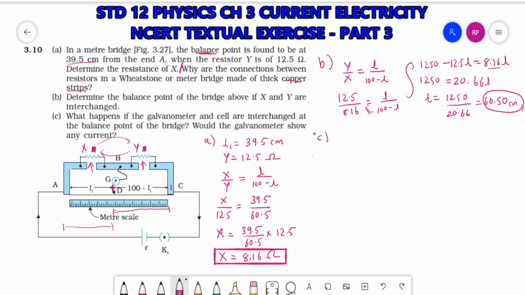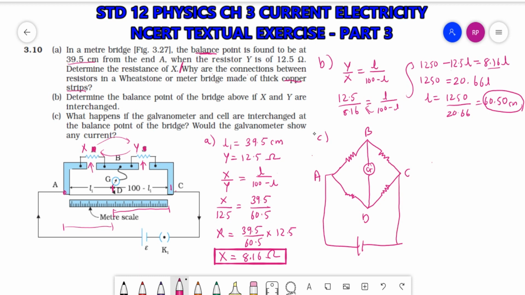See, if I take the first figure, it's like this. Simplifying that figure: A, C, B, D. Between B and D, galvanometer. Now see, battery is connected between A and C. Clear?